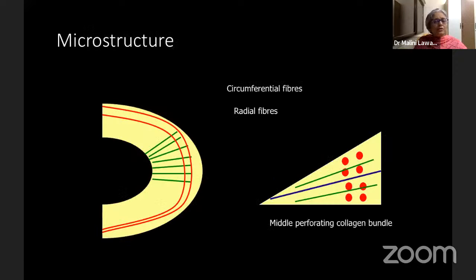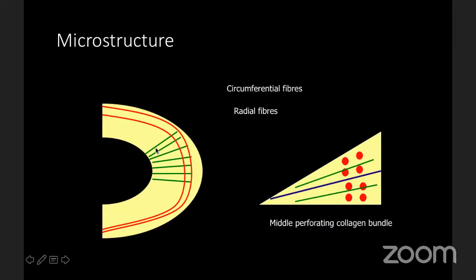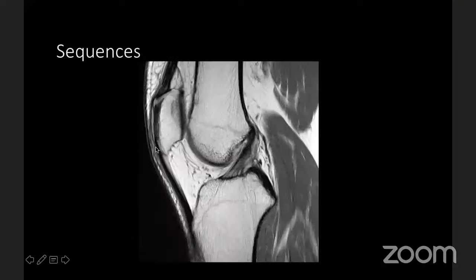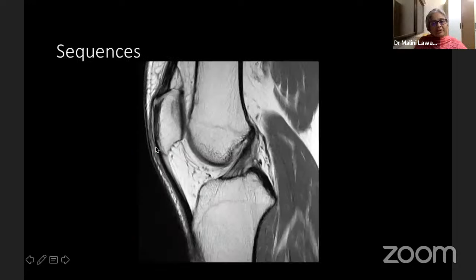We all know the microstructure of the meniscus, where there are circumferential fibers marked in red along the periphery, and radial fibers marked in green going from the center outwards. That is the reason longitudinal tears are more common peripherally, while radial tears are more common in the inner portion.